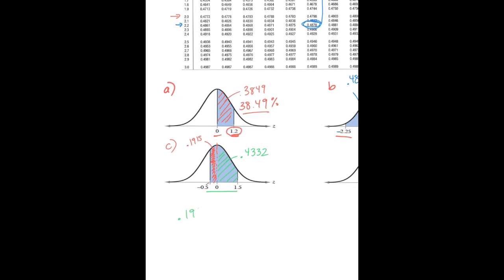We simply add the 2 components and we get 0.6247. Okay, so the probability of randomly selecting a continuous variable between negative 0.5 and 1.5 standard deviations of the mean is going to be 62.47%.